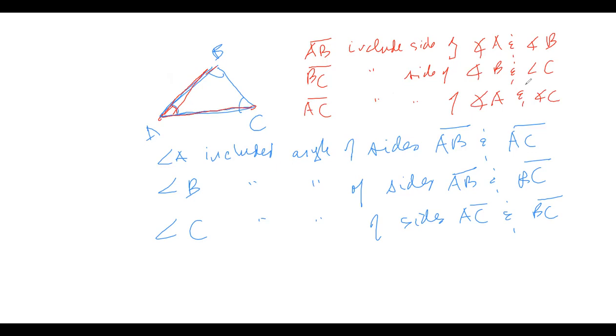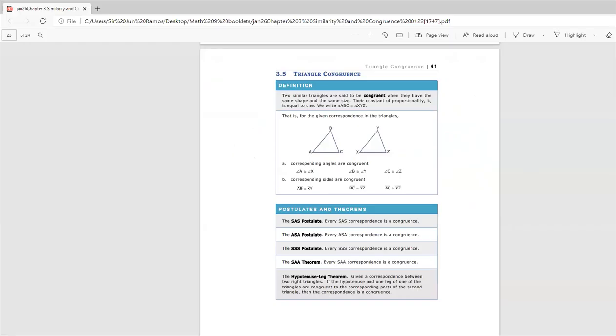Okay, so we need these terms, included angle and included side, because these are the bases for showing that two triangles are congruent. Let me show you this one here.